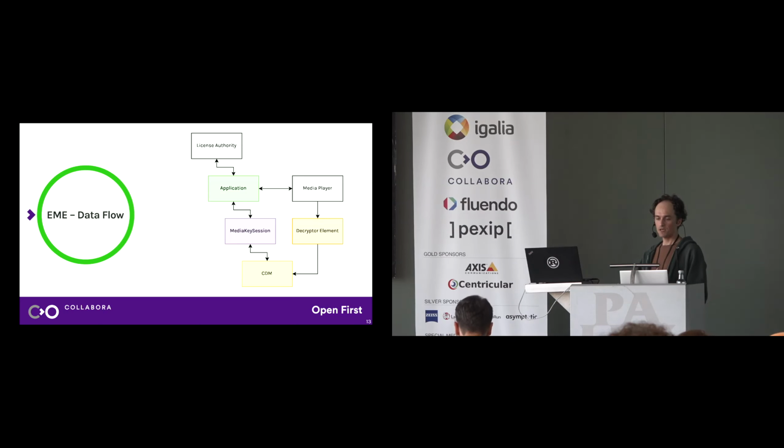All while this is happening, the decryptor element is trying to send the encrypted samples into the CDM to get them decrypted. What happens at that point is specific to the CDM. As they get more advanced, they're going to do more things. With a basic CDM, like the clear key one we talked about before, or the least secure Widevine one, you put the encrypted media in and you actually get the decrypted media out.